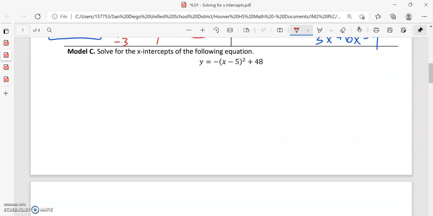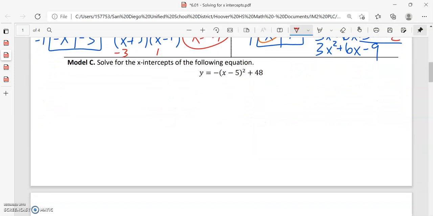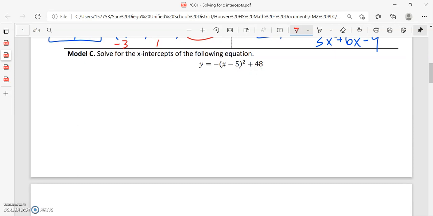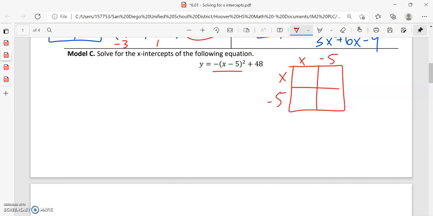All right, one more equation. Solve for the x-intercepts of the following equation. So same thing. Let's multiply this out. So we get x minus 5, x minus 5, x squared minus 5x minus 5x, and positive 25.